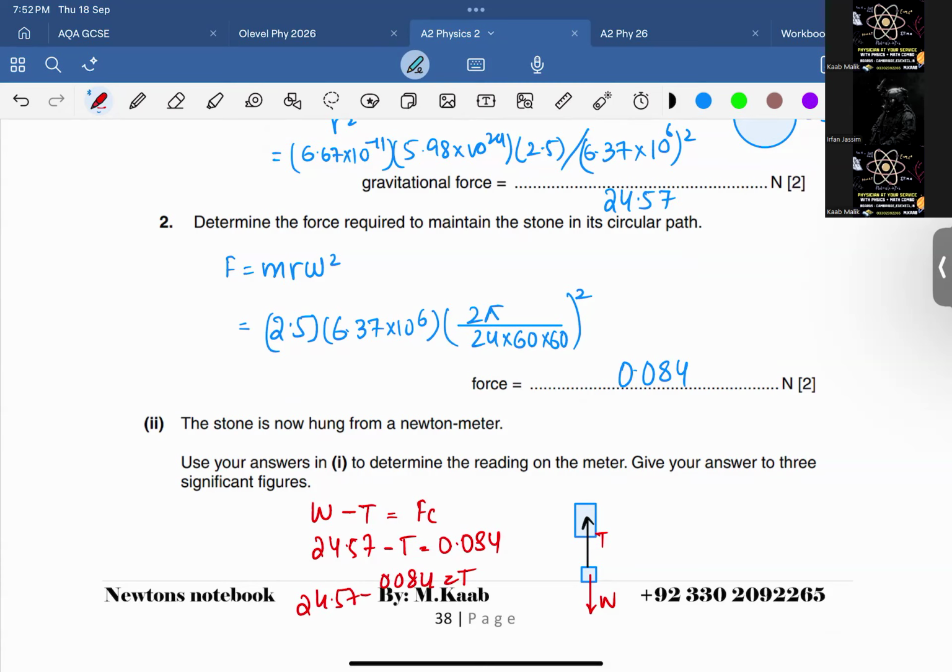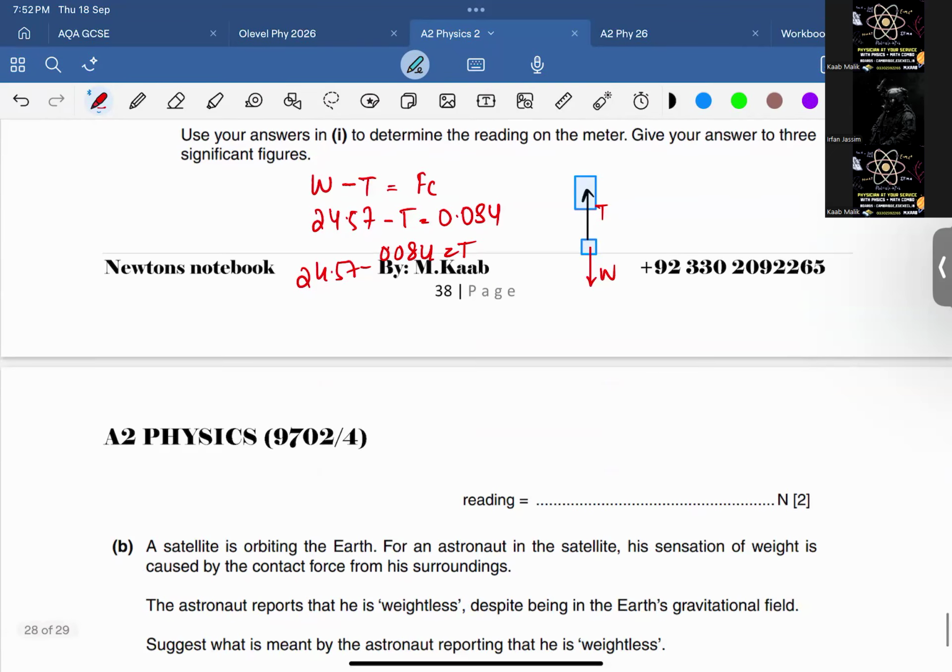So this gives you the tension in the Newton meter. So just find that out. It is 24.486.